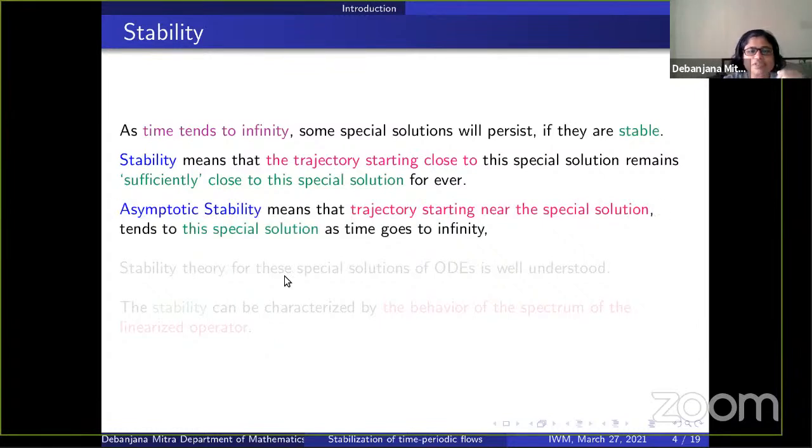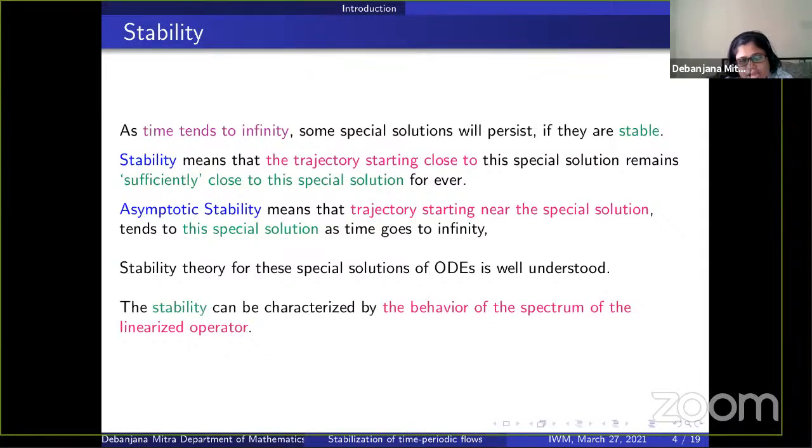Whereas asymptotic stability means that the solution trajectory starting near this special solution tends to the special solution as time goes to infinity.